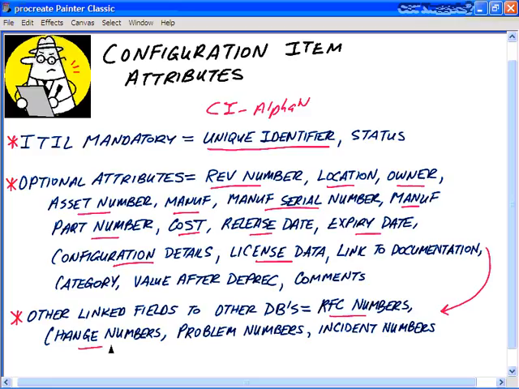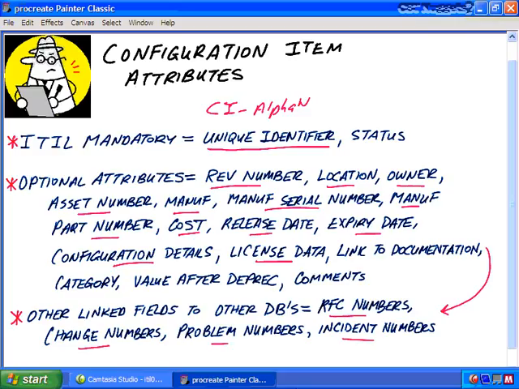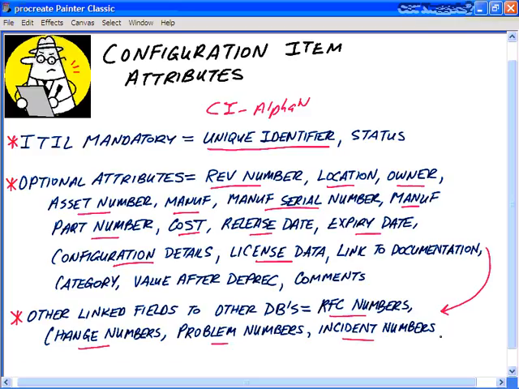Change numbers, problem numbers, incident numbers. Under the domain of incident management, problem management, or change management, you may have your own numbers or identifiers, and those fields in those tables can be linked to other tables in this configuration management database.